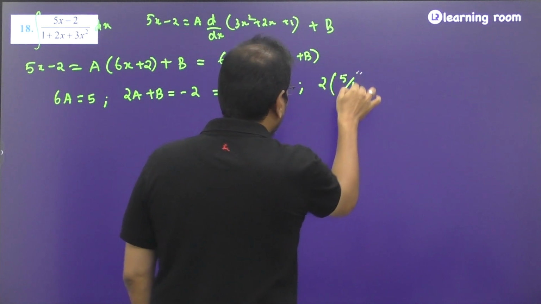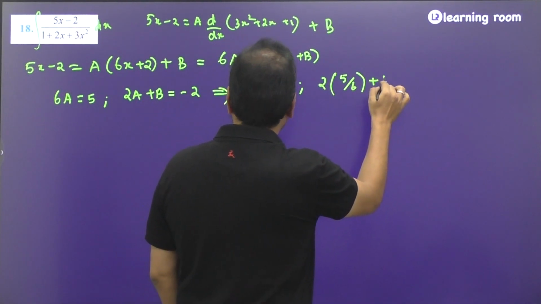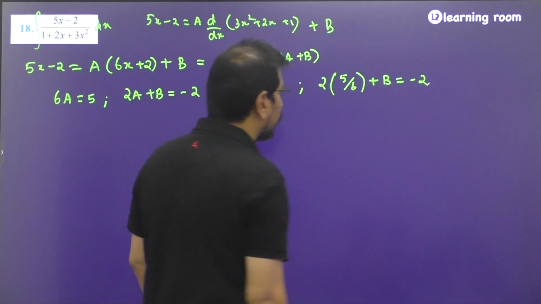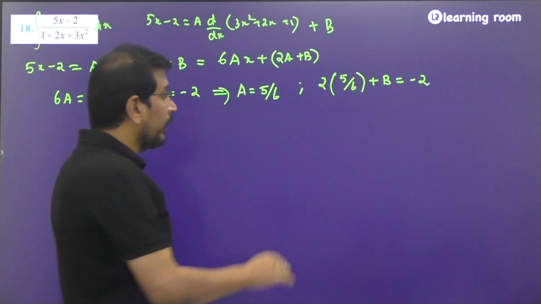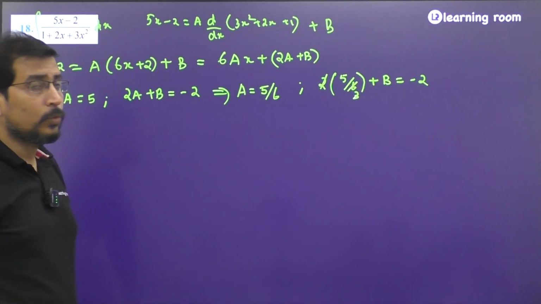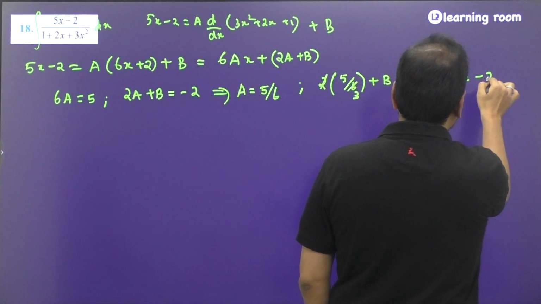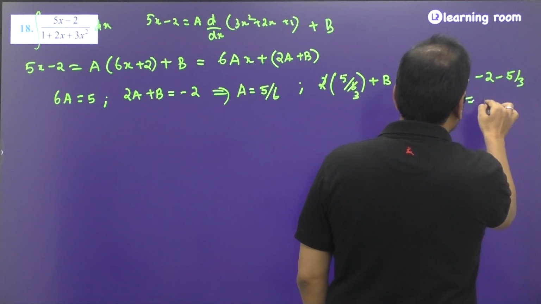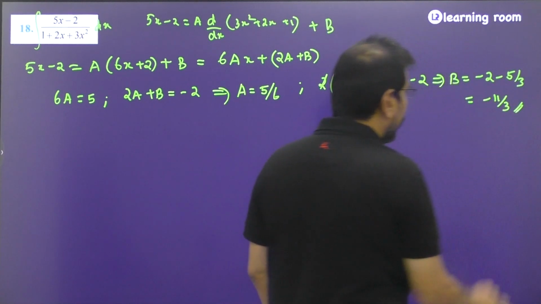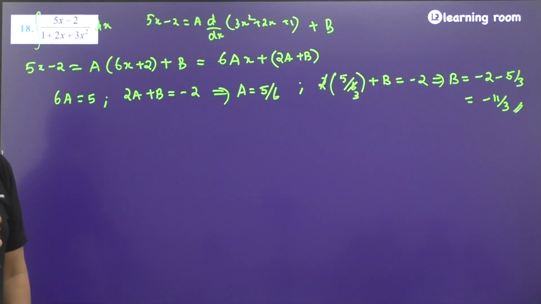In the place of a, I'm putting 5 by 6: 2 into 5 by 6 plus b is equal to minus 2. So 2 will cancel this 5 by 6 and it will give you 5 by 3. So what is the value of b? This implies b is equal to minus 2 minus 5 by 3, or it is minus 11 by 3.